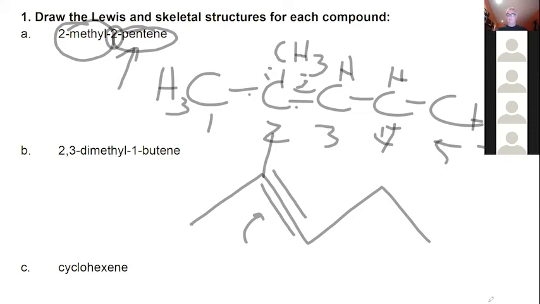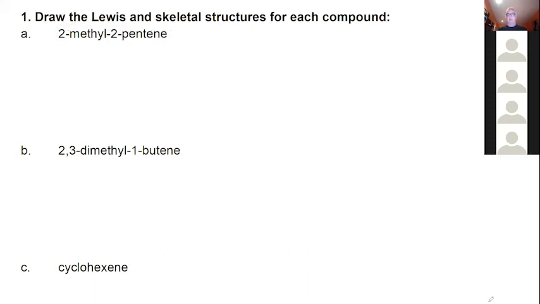All right, what about the cyclohexene? Okay, so how many carbons is that? Hexene, 6. 6, right. So I have 6 carbons, but they're not in a line, are they?